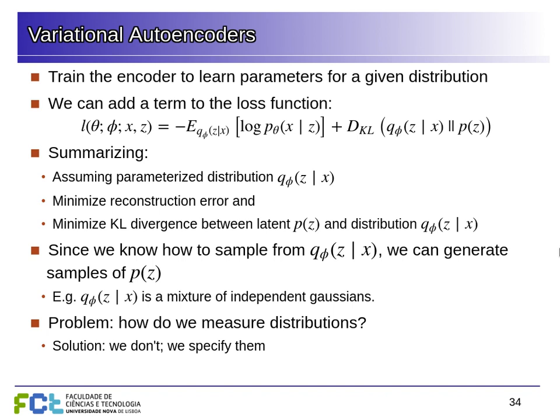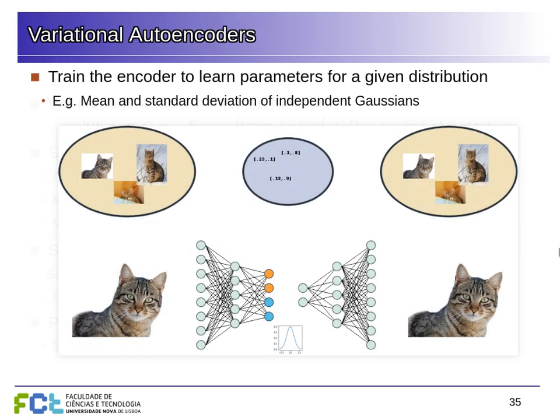The problem is how we measure this distribution. So the probability distribution of Z of the hidden representations is very hard to measure, because it's very high dimension, and we would need a huge number of samples to do that. So once again, we cheat, just like we did with the generative adversarial network.